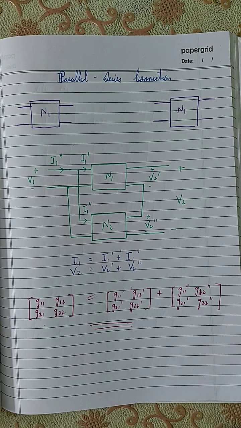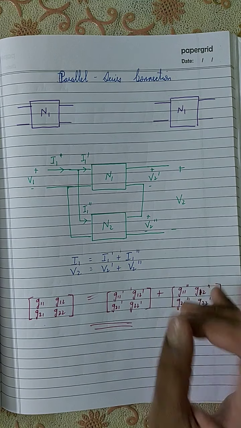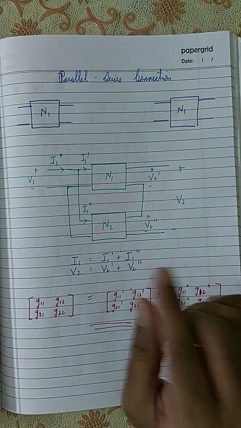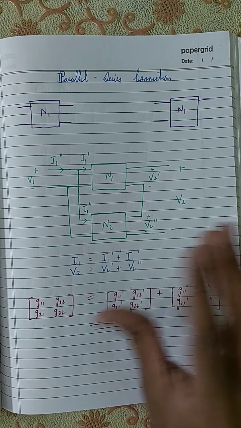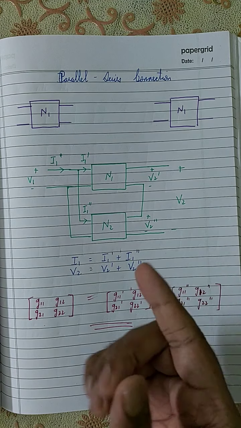So only for cascade, the ABCD parameters and the inverse ABCD parameters are multiplied, that is, we find the multiplication of the individual matrices.